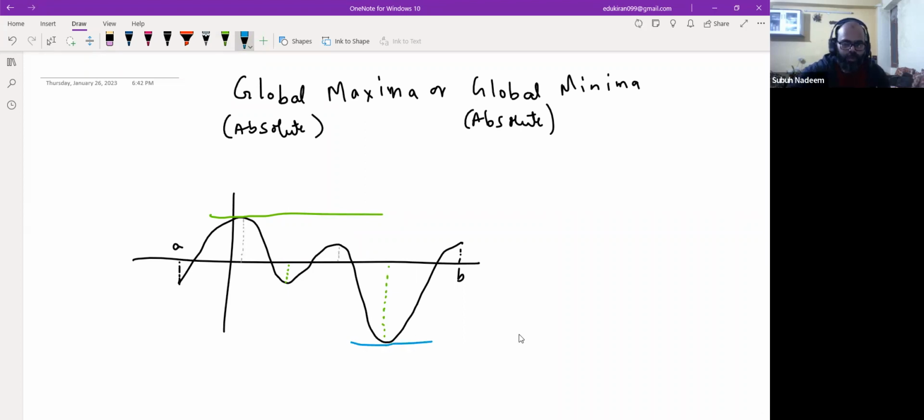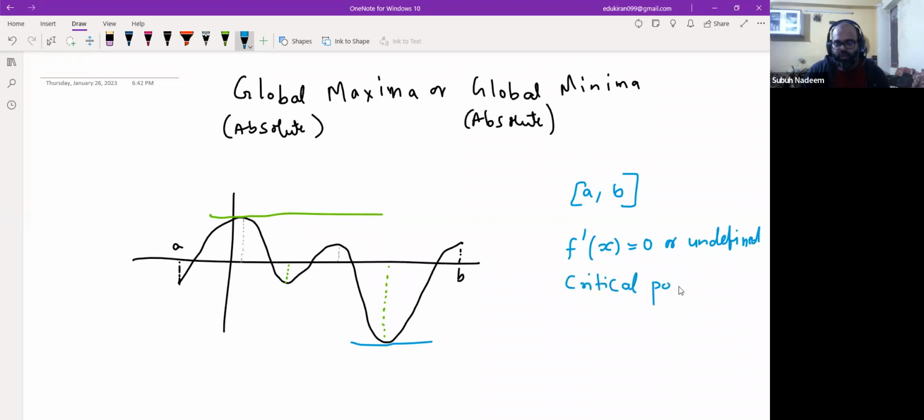So when you want to find absolute maxima or absolute minima in an interval a comma b, closed interval, so what you do, you find by f dash x is equal to 0 or undefined all the critical points as we used to do earlier. So we get x is equal to C1, C2, Cn.